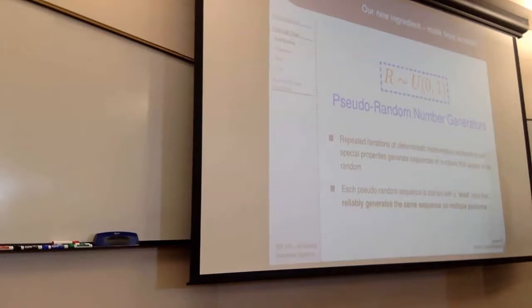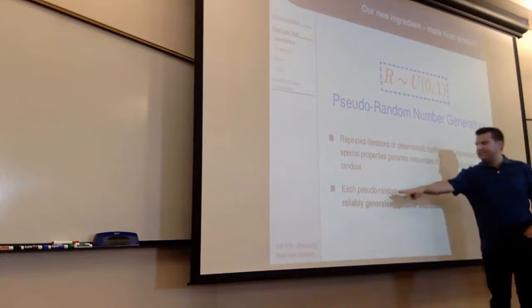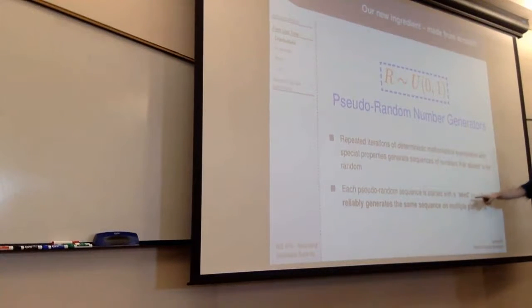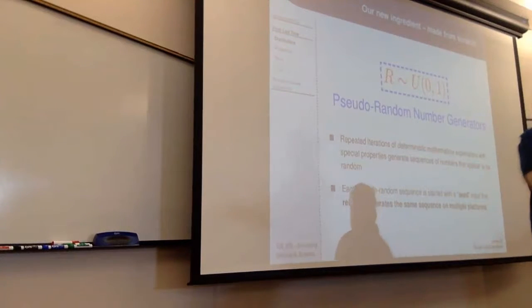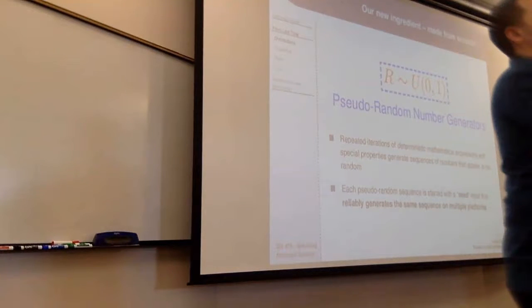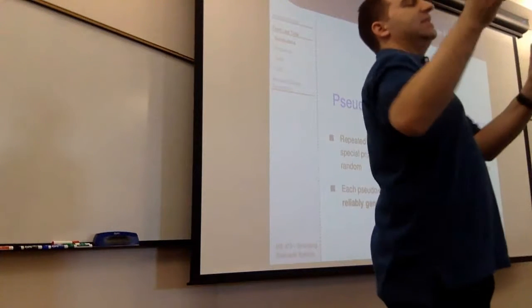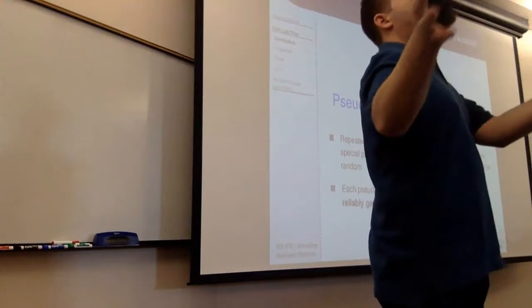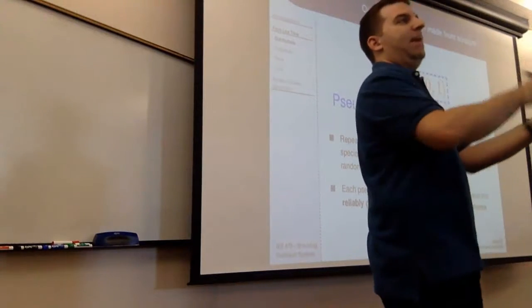But we want each of these sequences to be started with a seed that reliably generates the same sequence over and over again if I always start with that seed. And that allows me to couple my simulation with a seed as a way to say, here's an example experiment that had a good outcome, or here's an example experiment that had a bad outcome.